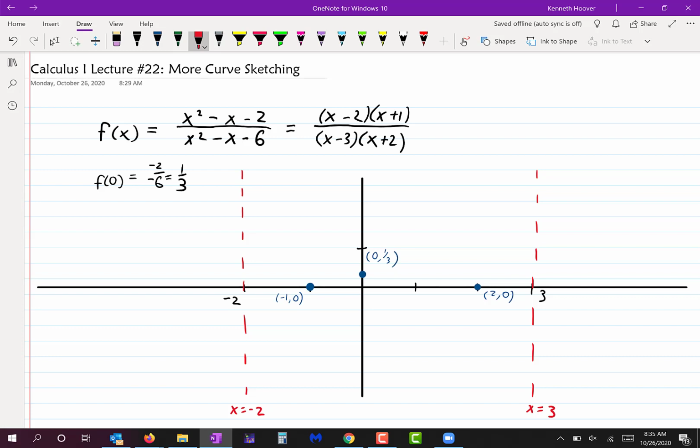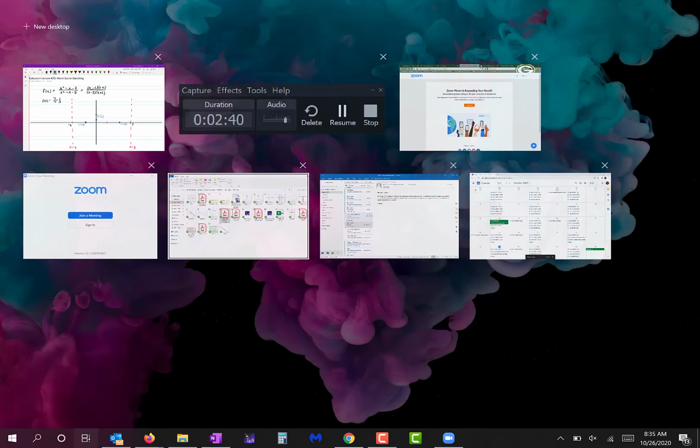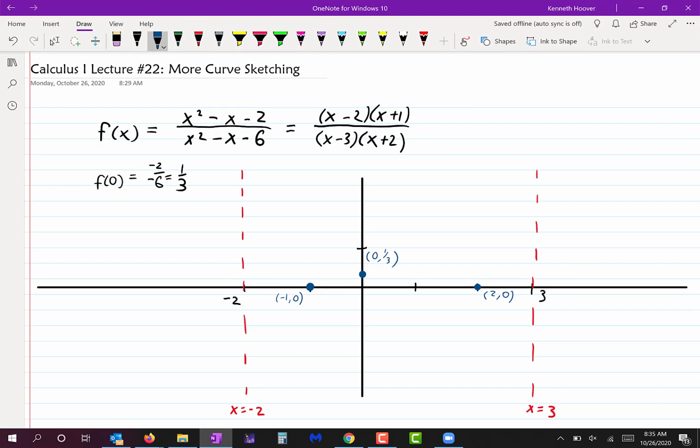Now let's do the calculus. Let's just go over really quick what we need to check. I need to check the limits as x approaches -2 from each side individually, because that will tell me if the graph goes like this or does it go like this.